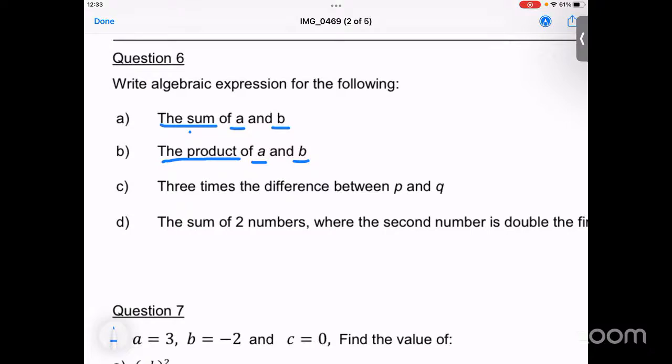3 times the difference between this and that. What is the difference? The difference, that's if you are taking something and you are minusing it with another thing. That is the difference. That alone is the difference. So when we say 3 times the difference, it means this difference, we are timesing it by 3.